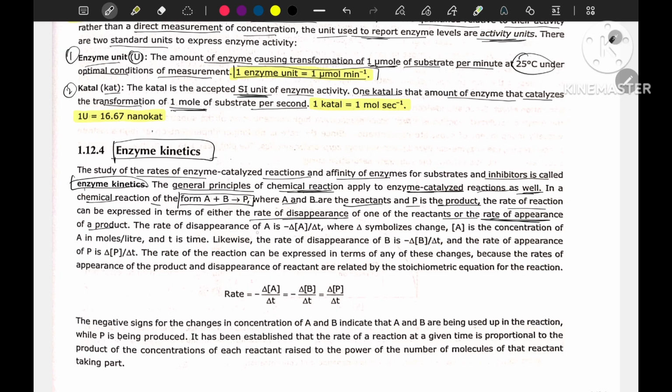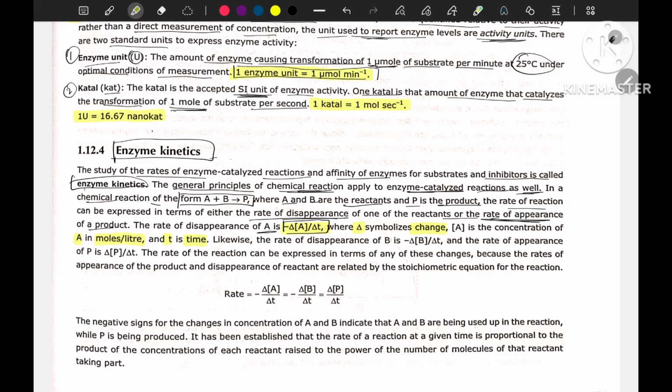The rate of disappearance of A is minus delta A upon delta T, where the delta symbol symbolizes change. Delta A is the change in concentration of A, in moles per liter, and T is time.